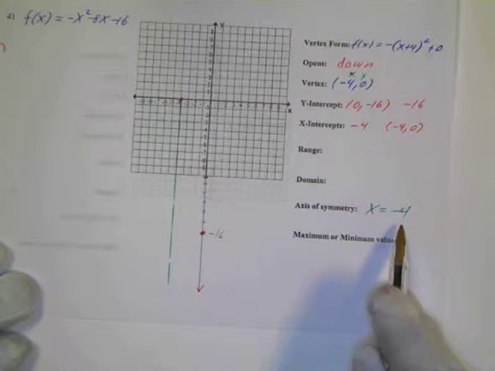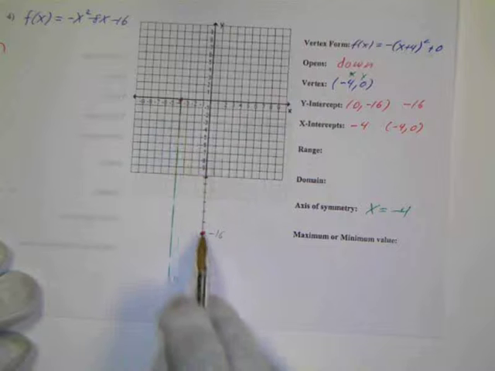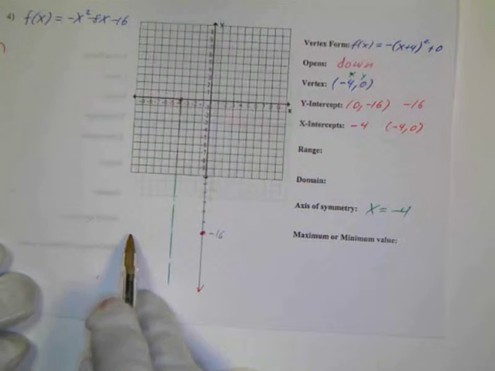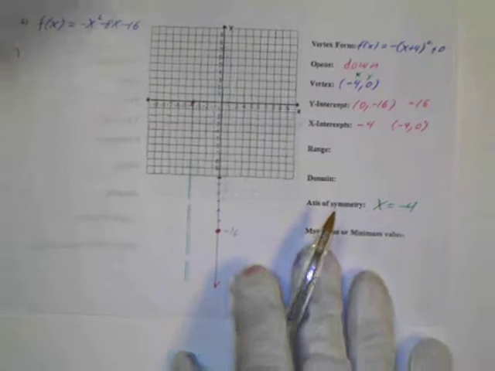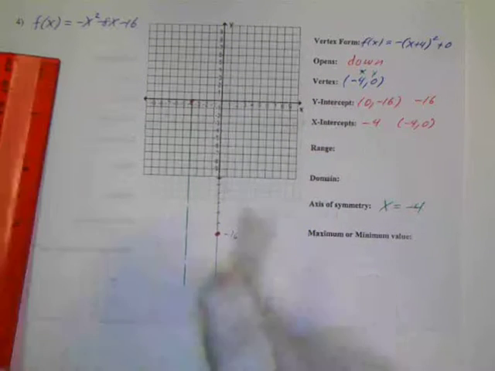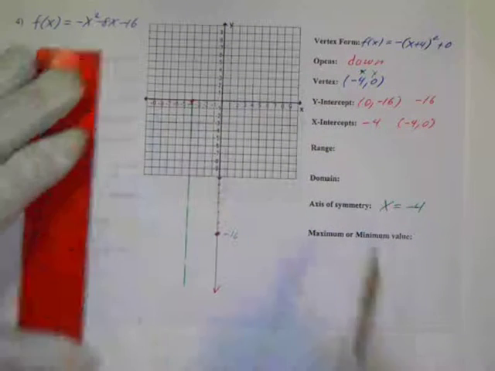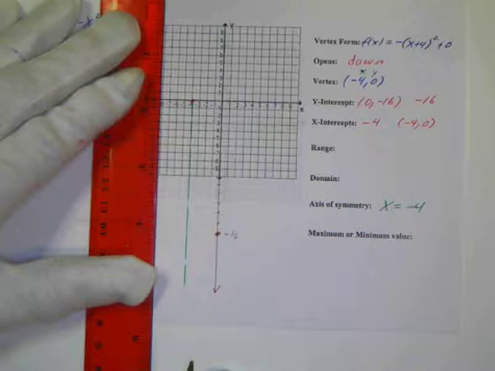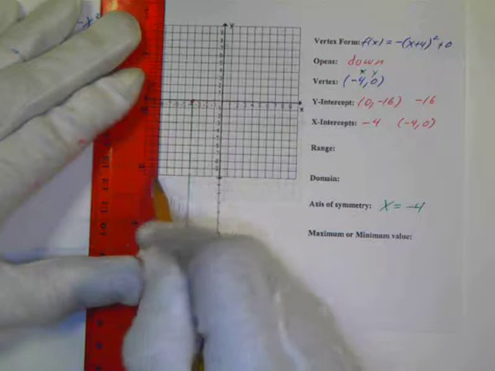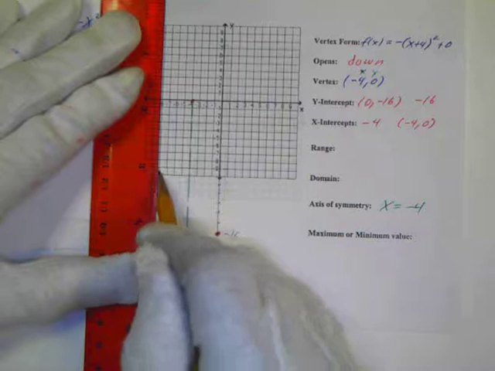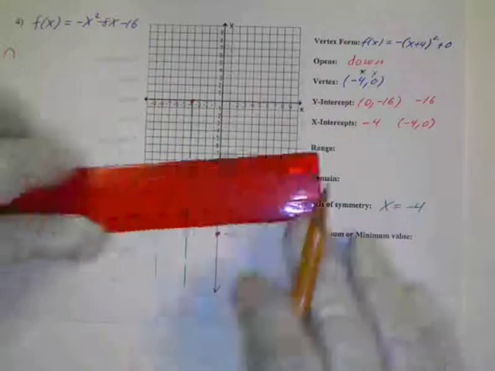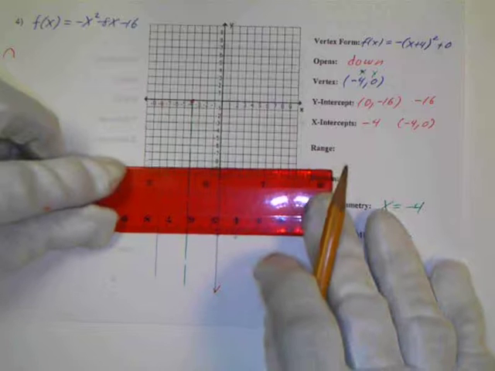And I do have this axis of symmetry, so since this is 4 units because this is -4, I'm 1, 2, 3, 4 to the right. I'm going to have another point, a symmetrical point, 4 units to the left. And that's going to be a -8, so I'm going to kind of just draw that line so I get it about right. So rulers are good. There we go. And then we have a symmetrical point, so I'll try to line that up.